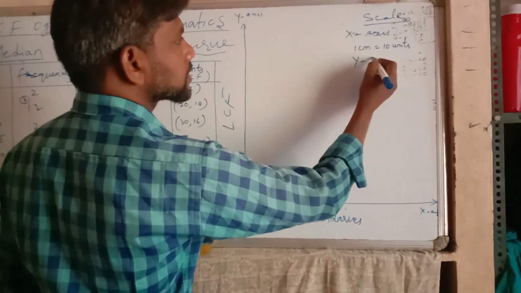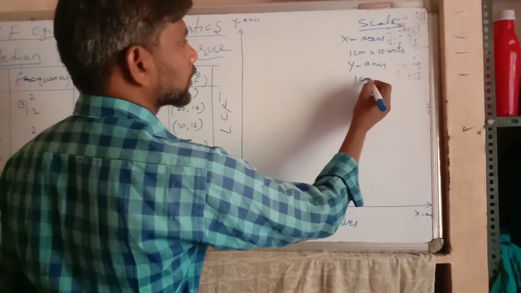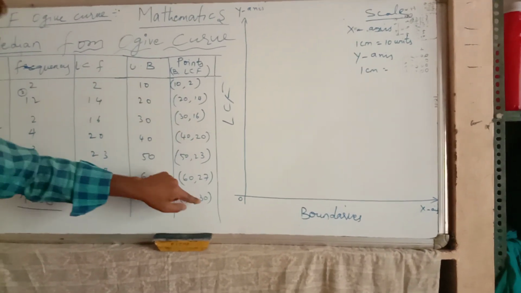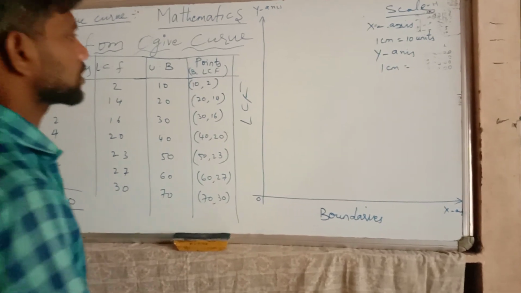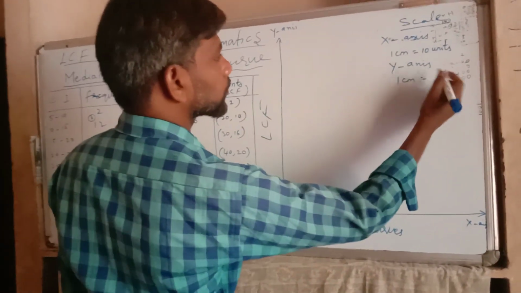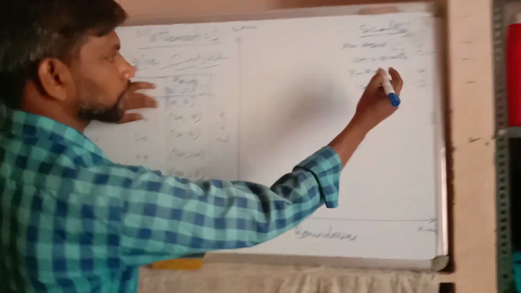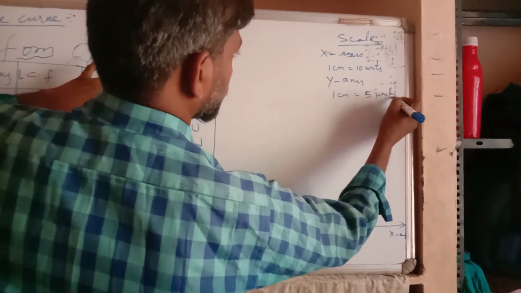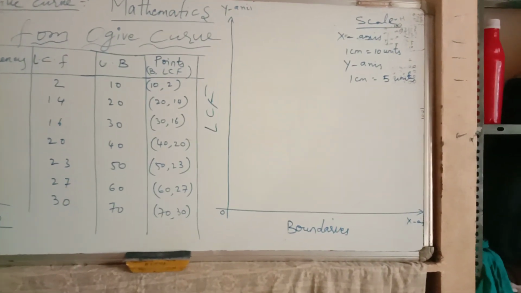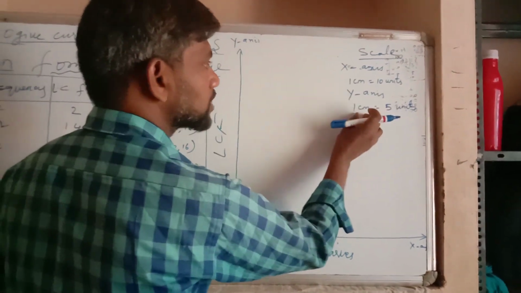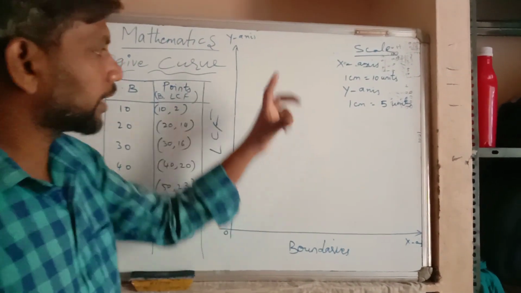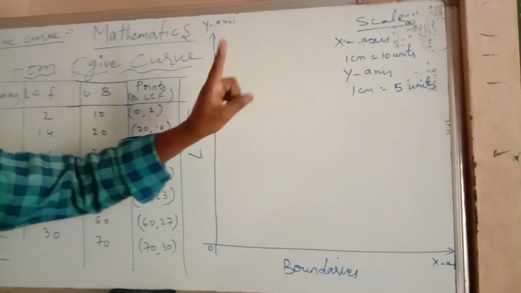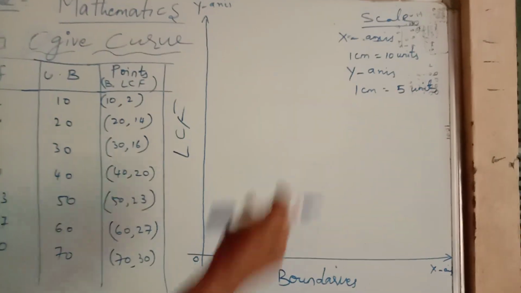On the y-axis you have 2, 14, 16, 20, 23, 27, 30, so I am considering 1 centimeter equal to 5 units. Whenever you consider 5 units as 1 centimeter, in one box you are getting 10 line segments, and 2 lines indicate 1 unit.